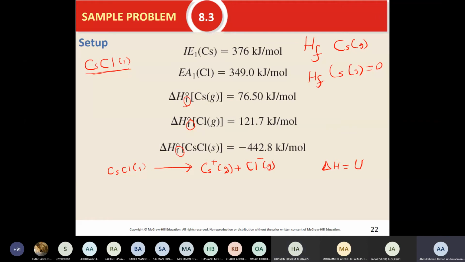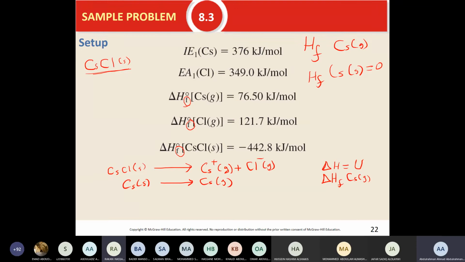Heat of formation of Cs gas. Can you write an equation to calculate the heat of formation of Cs gas? You take Cs solid and change it to Cs gas. This is the heat of formation, delta H formation of Cs gas. Is this clear?